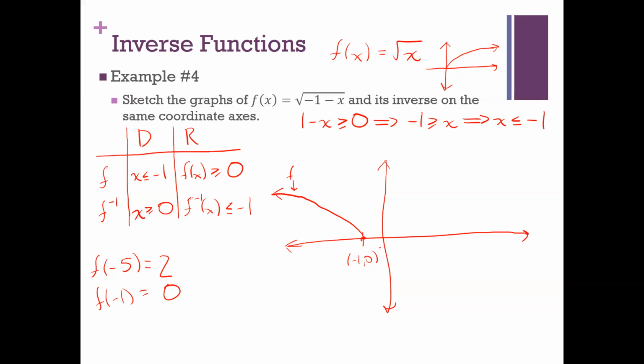Okay, so yeah, to show how they're related, let's put this guy in here. I know I have a point -1, 0, right? So what other point do I have? Well, what point exists on the inverse? 0, -1. I believe that is correct. And then what's the graph going to do from there? So we go to the left?